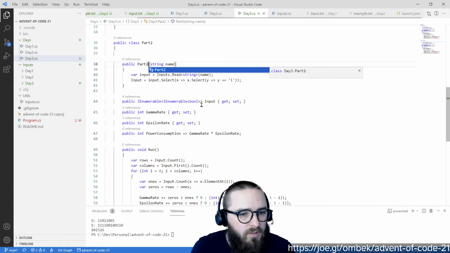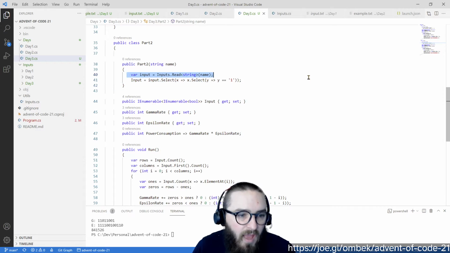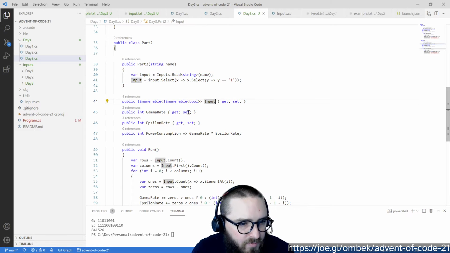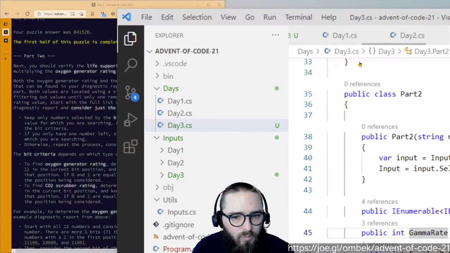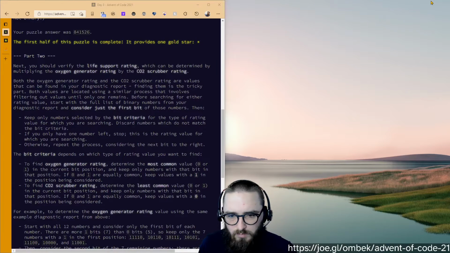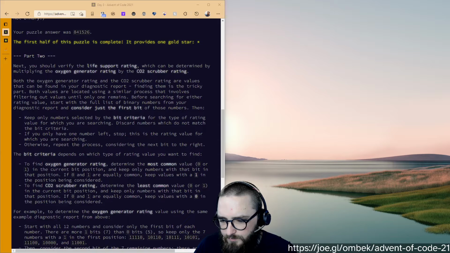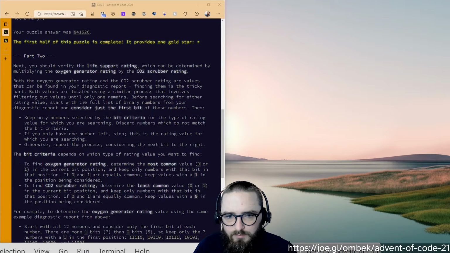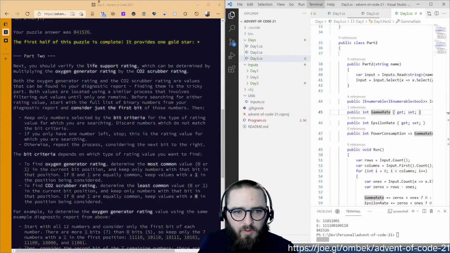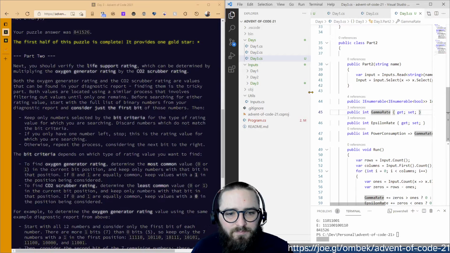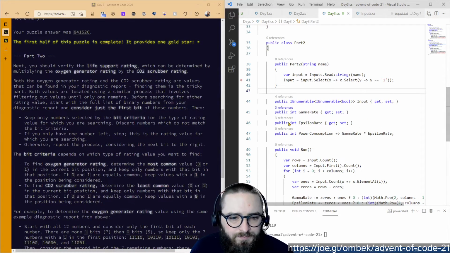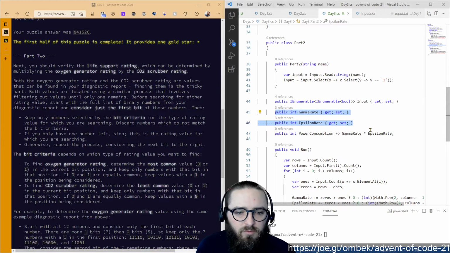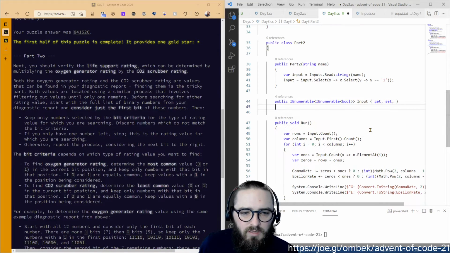So this bit's the same. This bit's the same. Oh, no, not in that screen. This screen, but on that side. There we go. Don't care about the gamma rate or the epsilon rate or the power consumption, so let's ditch them for now.